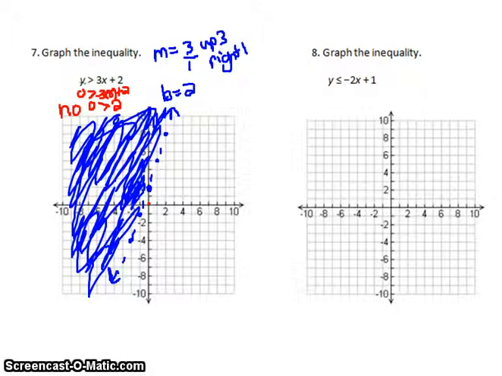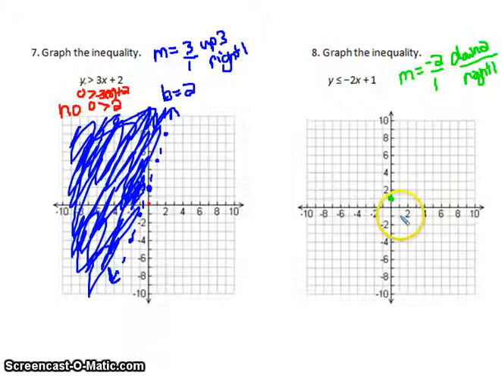For number 8, we have a y-intercept of 1. We have a slope of negative 2. So if our slope is negative 2 over 1, that means we go down 2 and right 1.